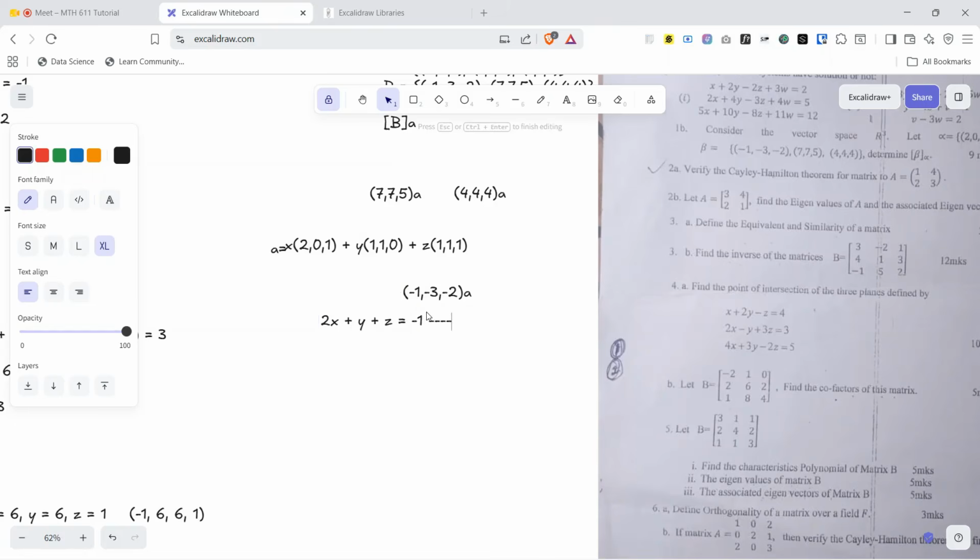So this is equation 1. Then the second one, same way, this is going to be 0. So our x here will be 0. Then this will be plus y, then plus z equals to -3. This is equation 2.